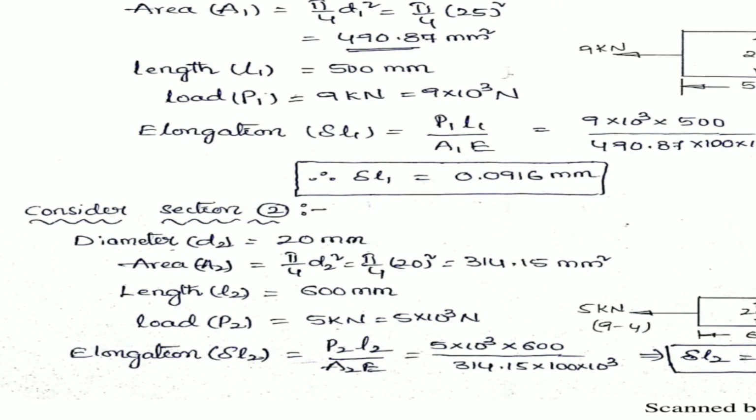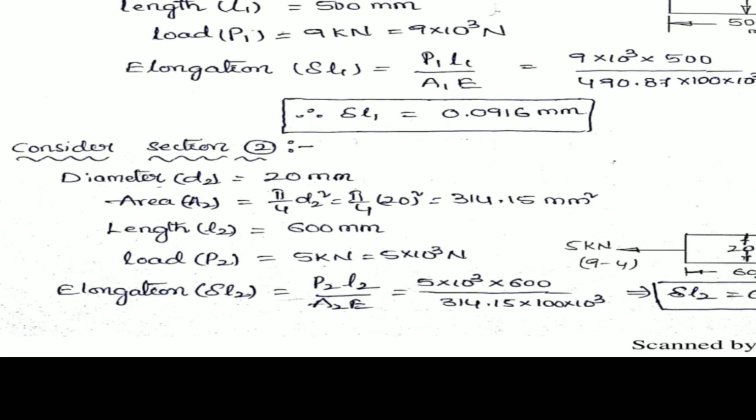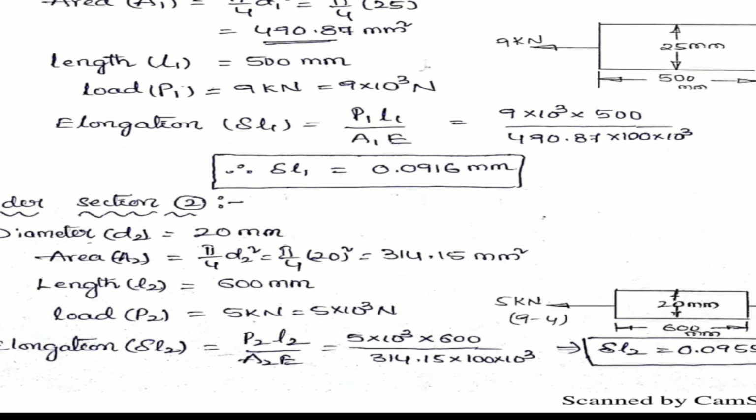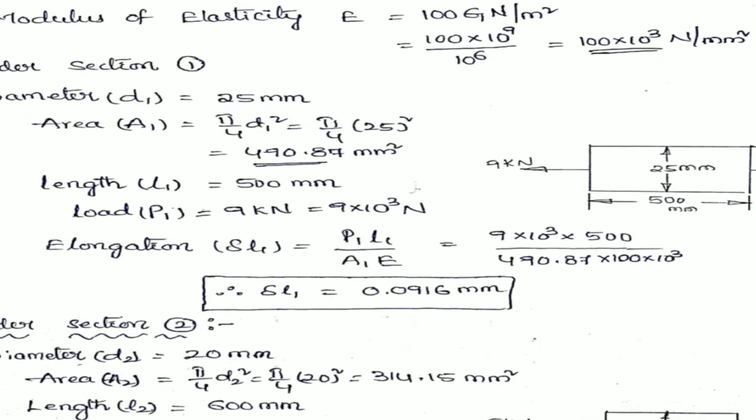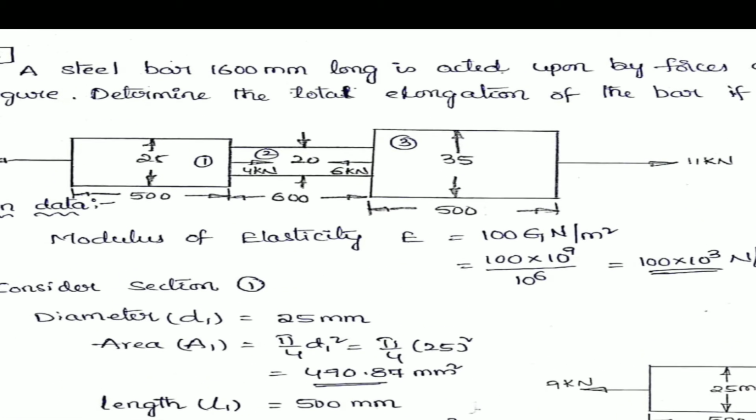Consider section 2. Diameter D2 is equal to 20 mm, area A2 is equal to pi by 4 D2 square, the same formula for section 1, section 2 and section 3. Pi by 4 into 20 square is equal to an area of 314.15 mm square. Length already given for section 2 is 600 mm. Load P2 is equal to 5 kilonewtons, already given here.